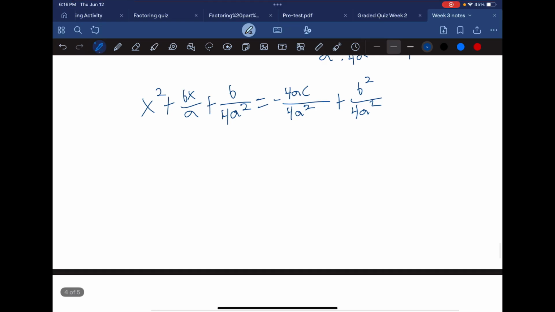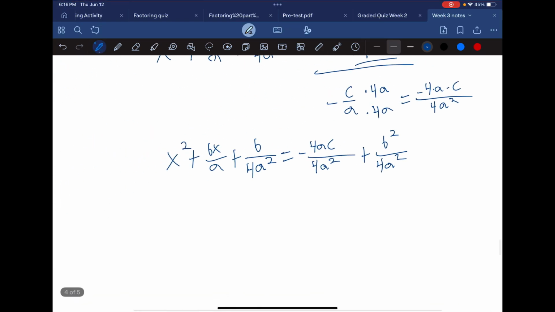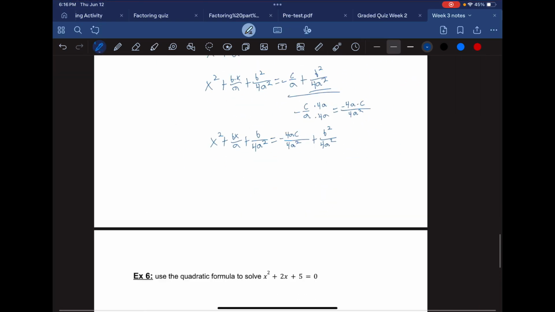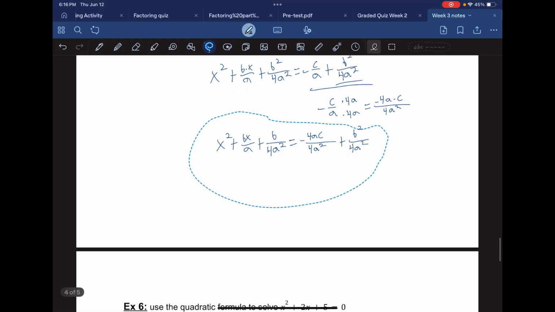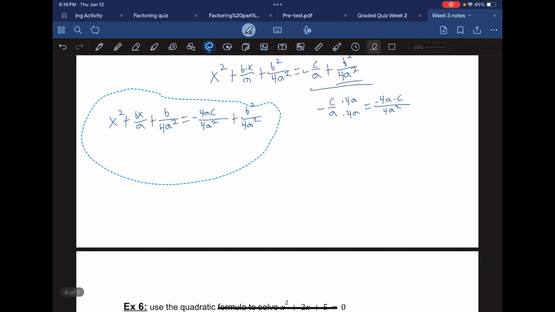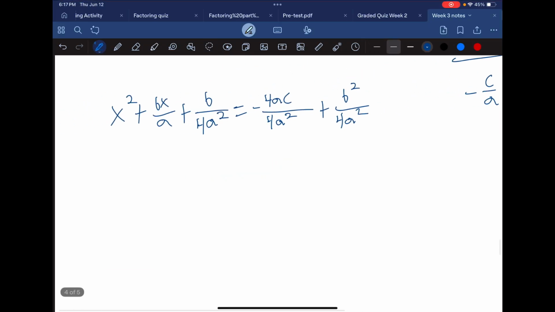All right, and then we have, oh geez, we're running out of room. There you go, move that over there a little bit.